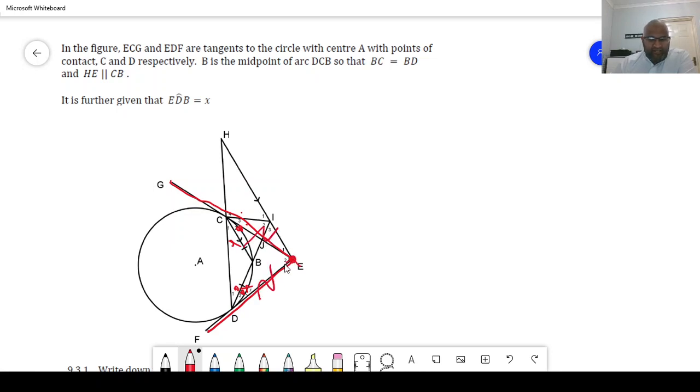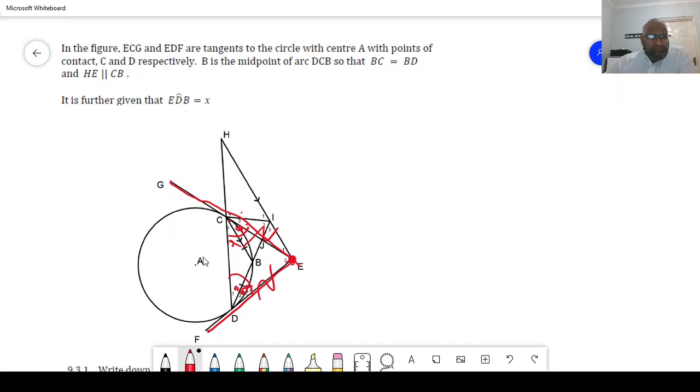That is CE is equal to DE, because the tangents from a common external point are equal, which will in turn make that angle equal to that angle. That's the angles in the isosceles triangle, which the theorem that will be used there is sides opposite equal angles.